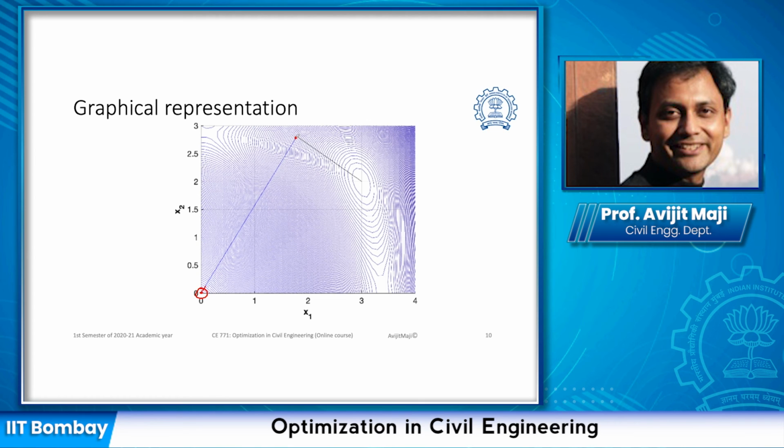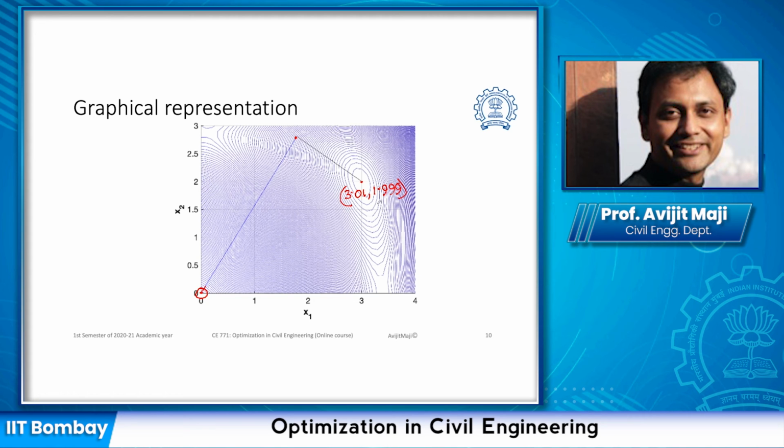Now from this particular point, again if we estimate the gradient, we will find that the gradient is indicating this direction, and again if we choose the negative gradient because we want to minimize, then we can reach this point, which is our final point, 3.01, 1.999.